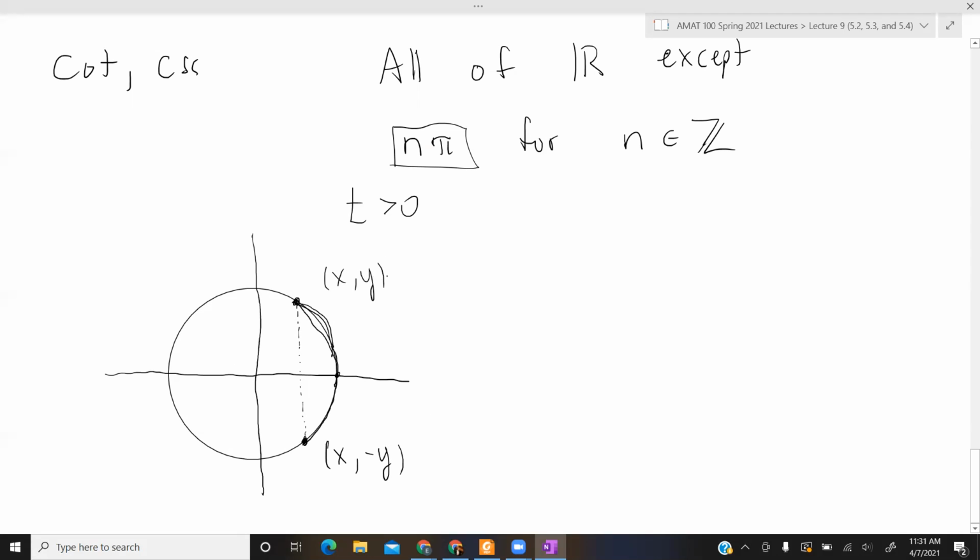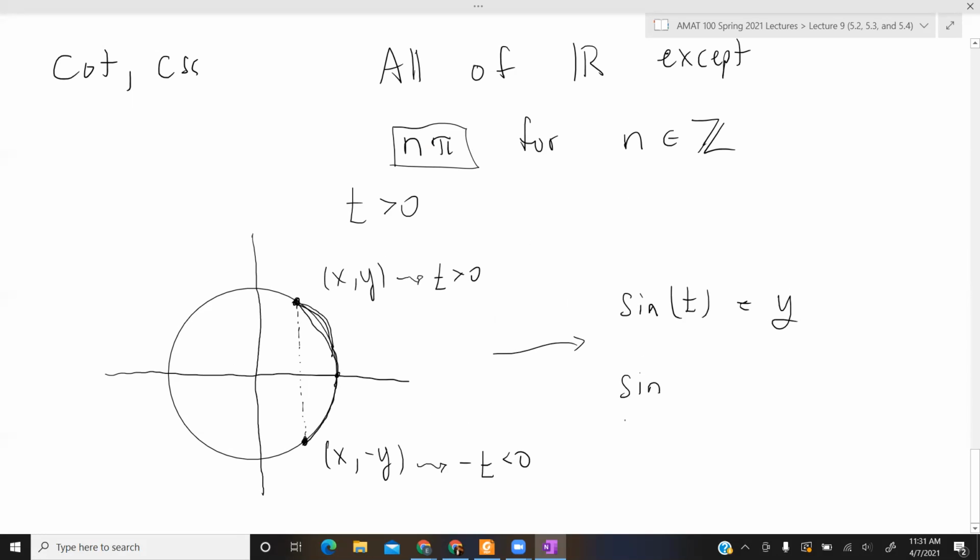So this corresponds to t, the t-value you started with, and this corresponds to negative t. And so what this means is that if you take sine of t, you get y, because sine is the y-coordinate.